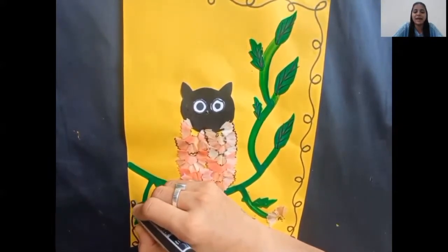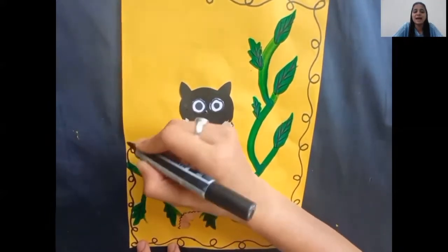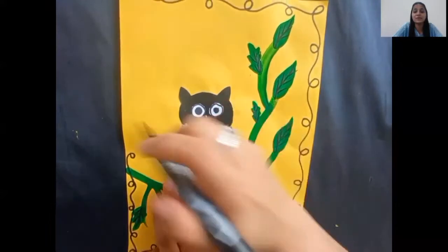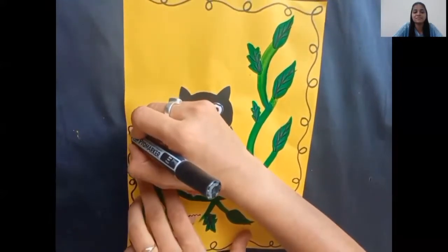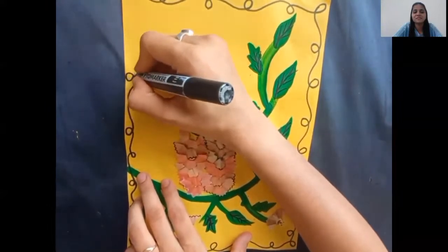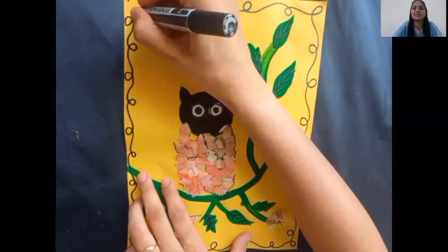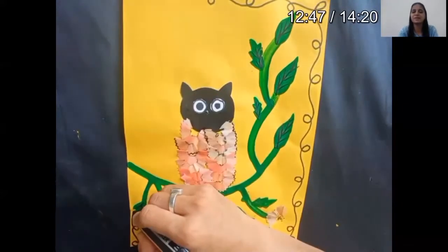Again, make an alphabet S and make the curve. Follow the same style and method till you reach the end. Do it slowly. Mom is doing it fast so that I can show it to you. I repeat how we started.